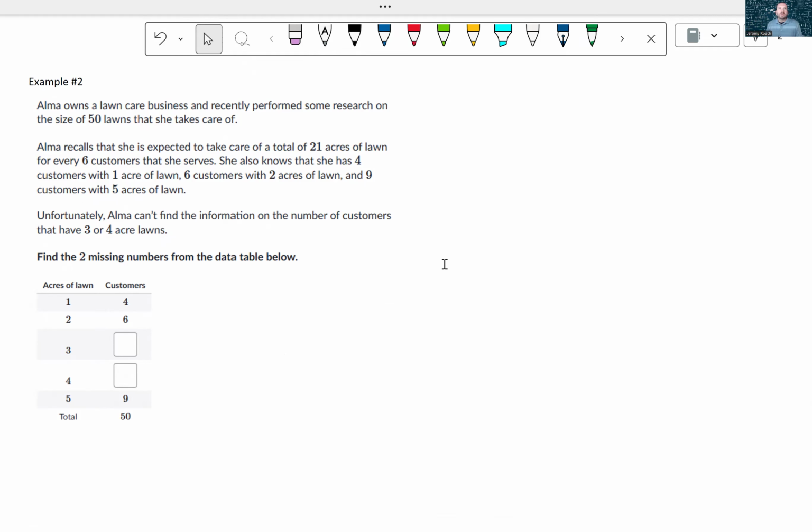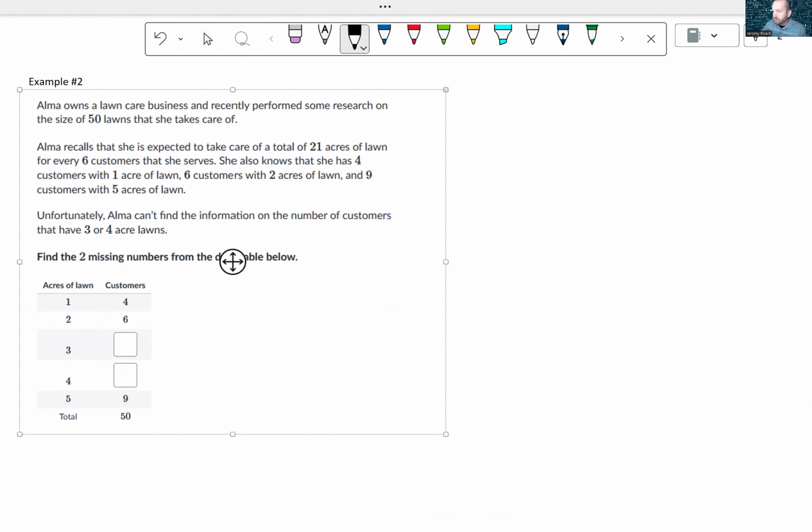She also knows some of this table data below. She knows that there's 4 customers with 1 acre of lawn, 6 customers with 2 acres of lawn, and 9 customers with 5 acres of lawn. But she doesn't know how many customers have 3 acres or how many customers have 4 acres of lawn. We want to find those missing numbers in this table.